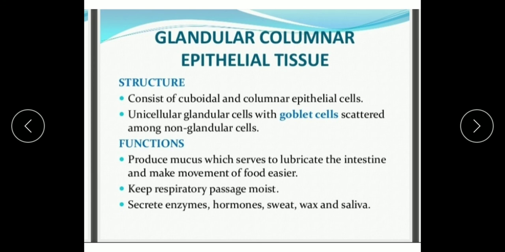This lubricating substance is secreted by the glandular epithelium. It also keeps the respiratory passage moist. It maintains the respiratory tract in moisture. The glandular epithelium also secretes enzymes, hormones, sweat, wax, and saliva.